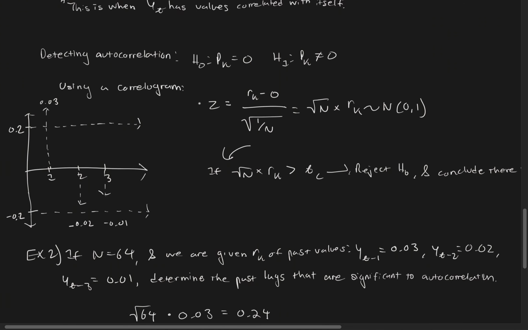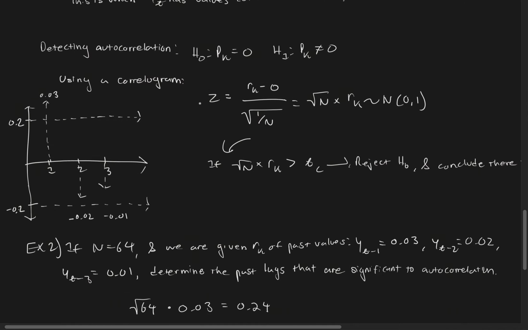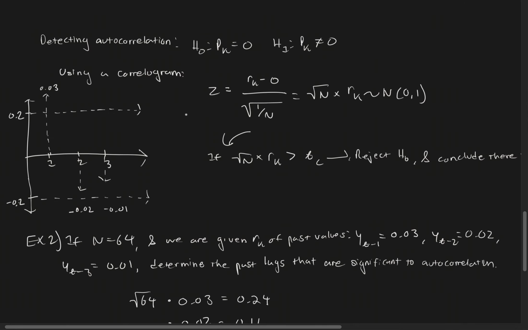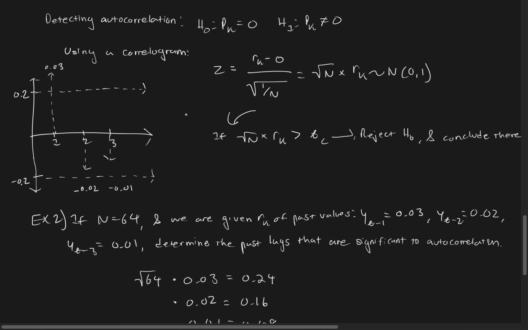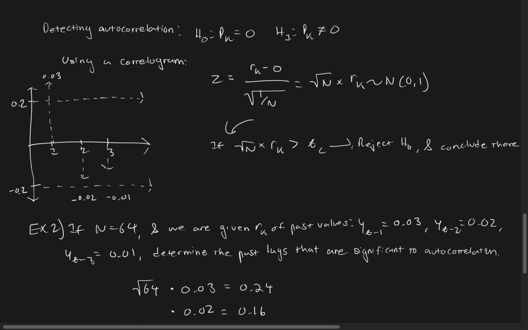And so the first method I'm going to introduce is the correlogram. We use our z statistic, using our correlation value minus 0 because that's our null hypothesis, divided by the square root of 1 over n. And this simplifies to the equation right here.